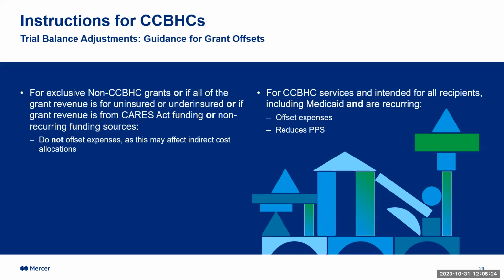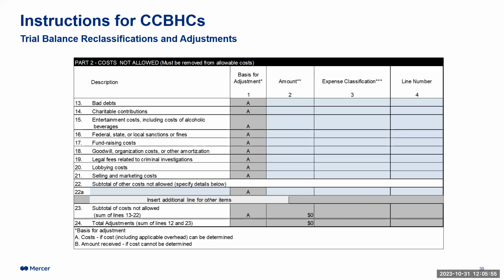To the extent that you're receiving grant money for those services, and if you included those in the actual cost report, you would also receive CCBHC funding for that same service. That's where this guidance comes in. That's going to reduce your PPS rate, so that you do not get double funding for the same expense.